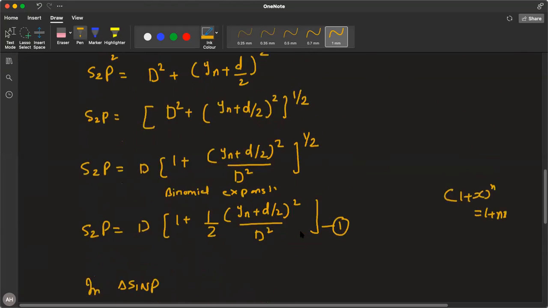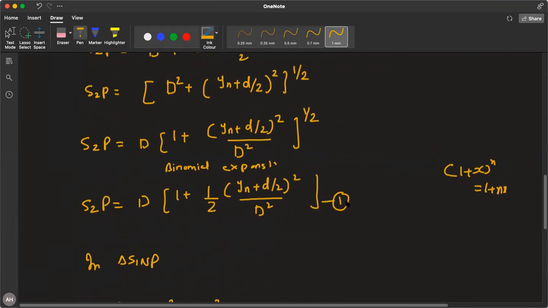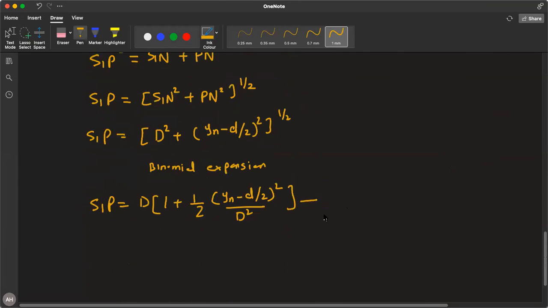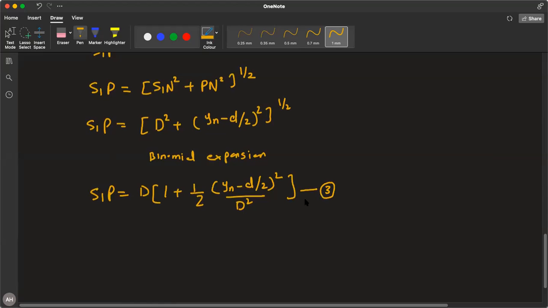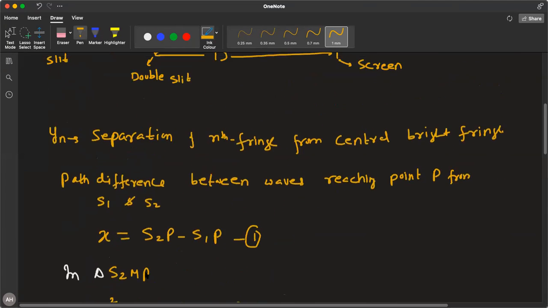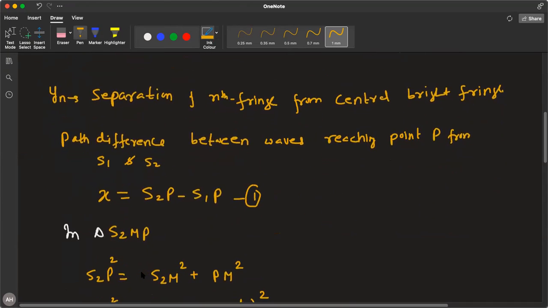That is the equation. If I call this equation 1, this equation 2, and this equation 3, now you will put 2 and 3 in 1 and get the value of x. Do it, just note it down, and then put 2 and 3 in 1 and get the value of x.